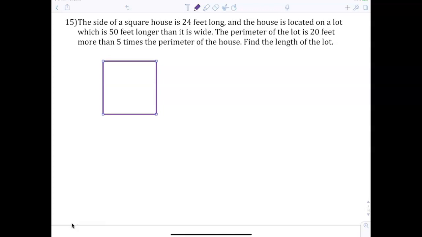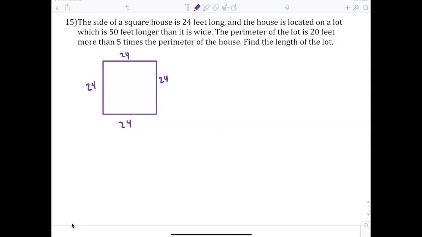So in my opinion, you should put down 24, 24, okay? Now your house that you live in sits on a lot. Usually the lot is a what shape? Usually it's a rectangle. Your lot is generally not a square, it's a rectangle.